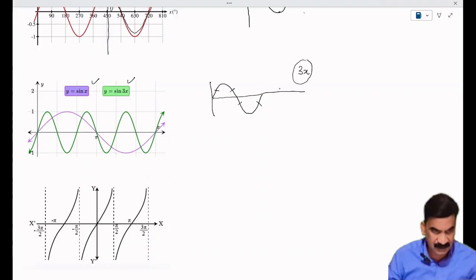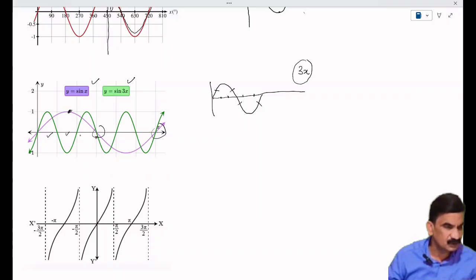First, I will divide it into three equal parts. You see it happening here? This is y is equal to sine x, this is pi, this is 2 pi. And this is divided into 1, 2, 3 equal segments.